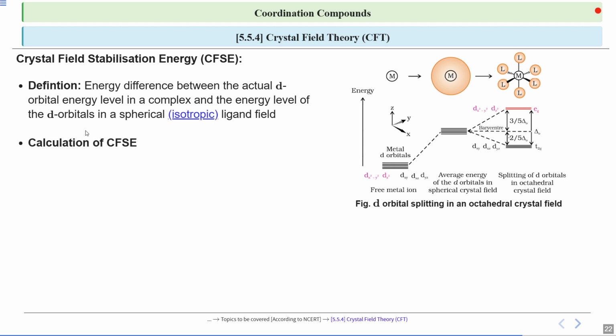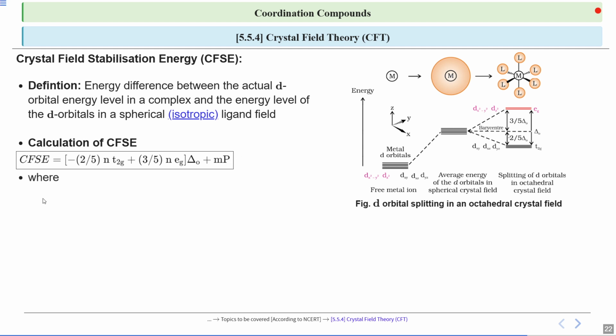How can you calculate the CFSE? This is the formula. CFSE equals minus 2 by 5 n t2g plus 3 by 5 n eg, enclosed in brackets, multiplied by delta naught, which is the crystal field splitting energy magnitude, plus m times p.